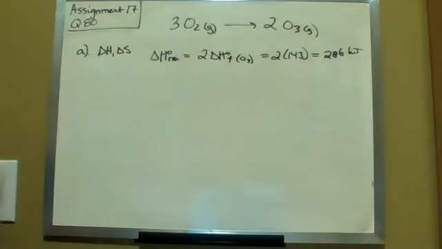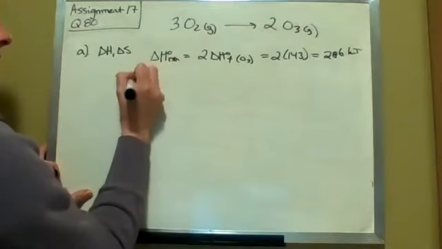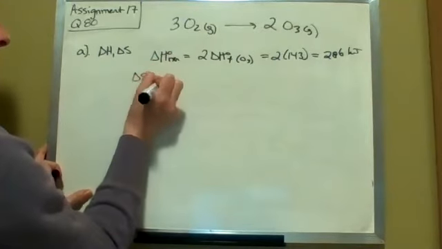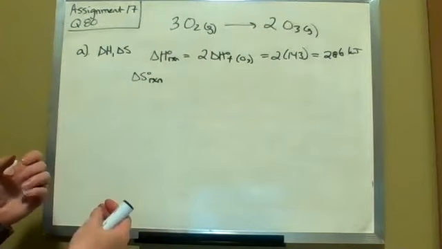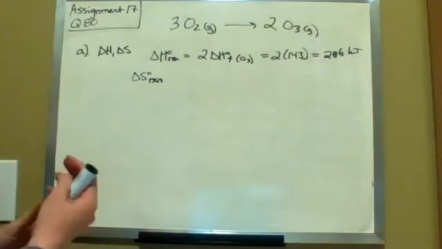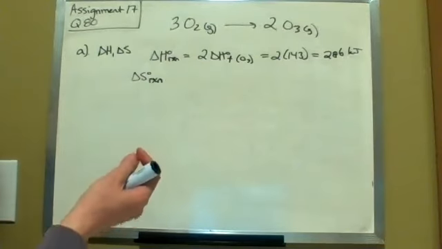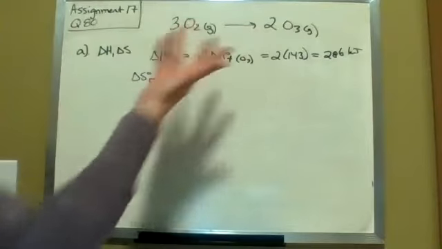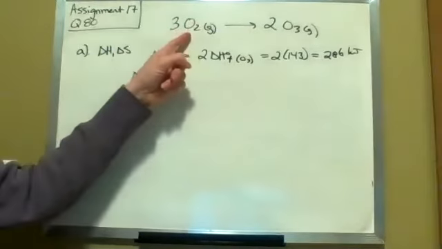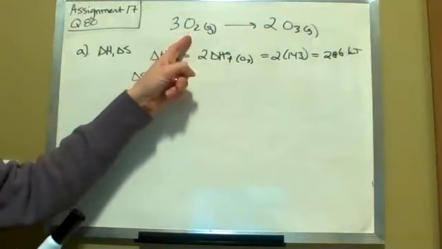286 kilojoules. Go ahead and also find delta S naught of the reaction. Now this doesn't use delta S naught of formation values. It uses absolute entropy values for a specific species. In this case, elemental species in their standard states are not 0.